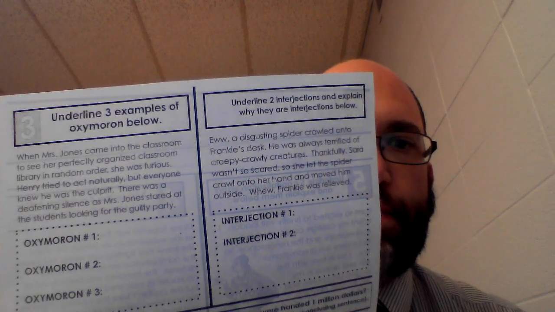Okay, turn the page, or I guess in your case, if you're looking at an electronic copy, you'll just go to the second page. But the second page here has number 3, underline 3 examples of oxymoron below. Oxymoron is on your vocabulary list for the week.